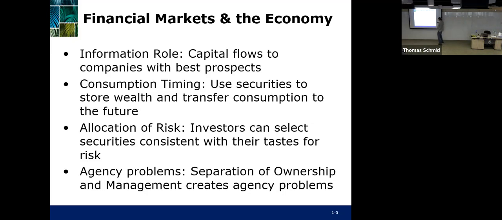Yeah, and it also allows better allocation of risk. So investors, if you have financial markets, again, this is related to the first point, have this broad range of potential investments. Now you can choose exactly the investment that fits your risk taste. Again, if we have no financial markets, probably you even know somebody who needs money. But this is a friend with no steady income yet, so you think, oh, this guy would need money, but that seems pretty risky, I probably shouldn't do that.